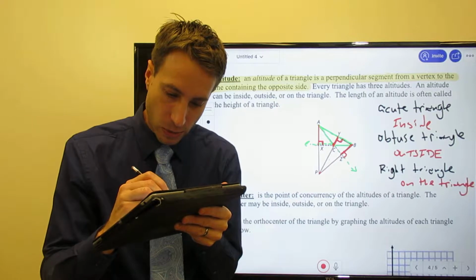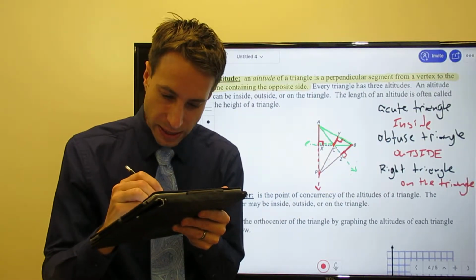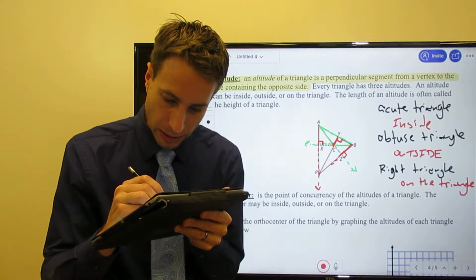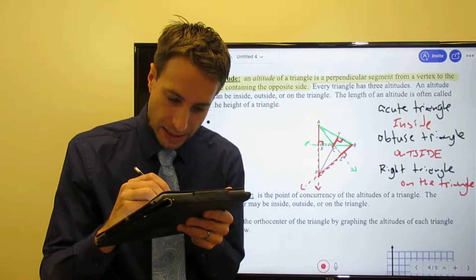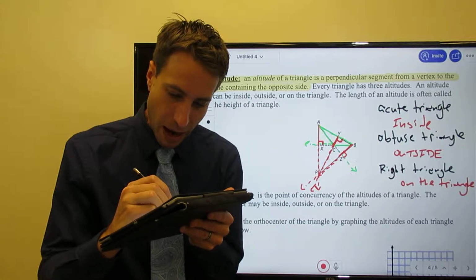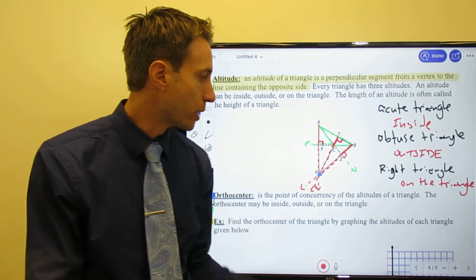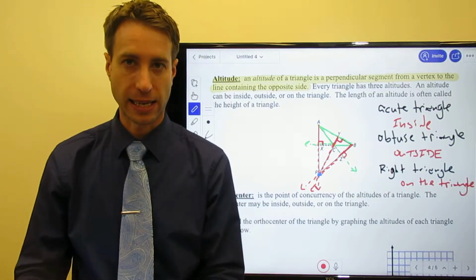I'll extend this one a little bit further down, and this one, and this one, and boom. I found my orthocenter, which we call P, right there where those altitudes intersect each other.